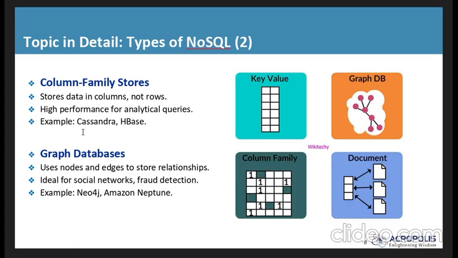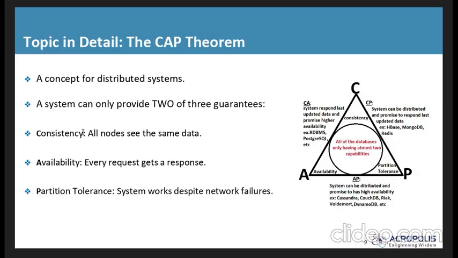A column family store stores data in columns, not rows, and has high performance for analytical queries, for example HBase. A graph database uses nodes and edges to store relationships and is ideal for social networks and fraud detection, for example Neo4j and Amazon Neptune.